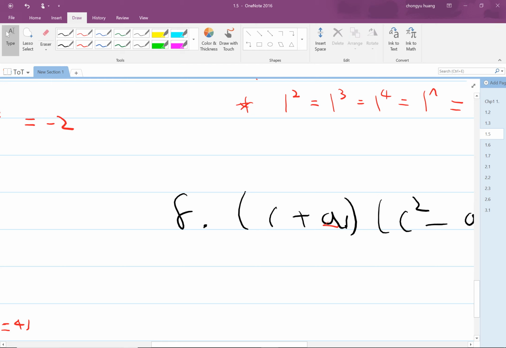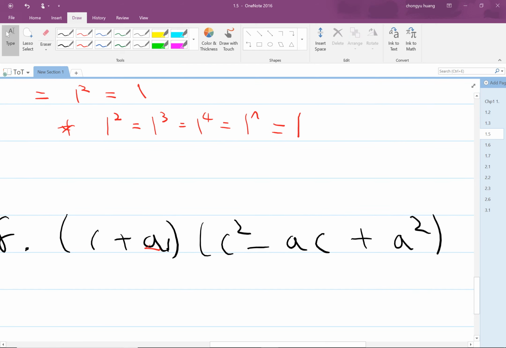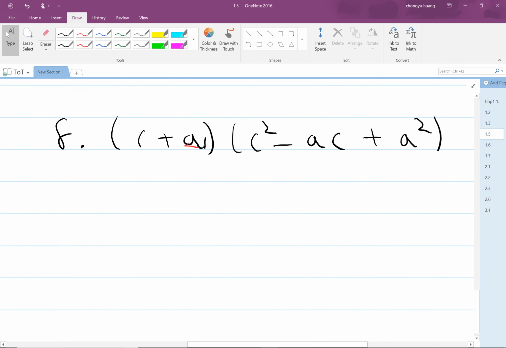So let's move into question 8. Now it's a little bit more work, because question 8 has a few more steps, right? So let's just go straight into it.